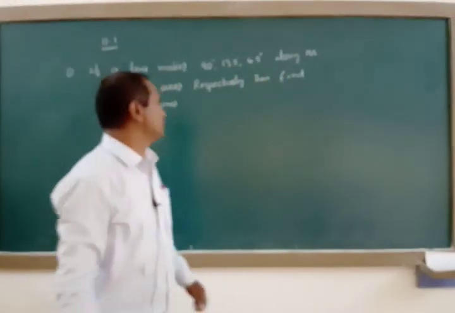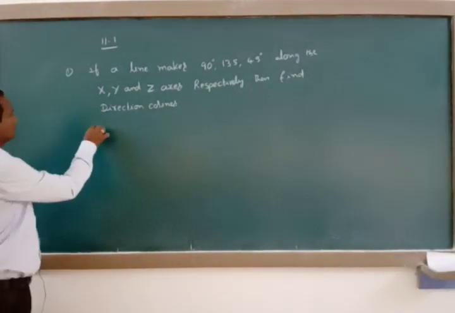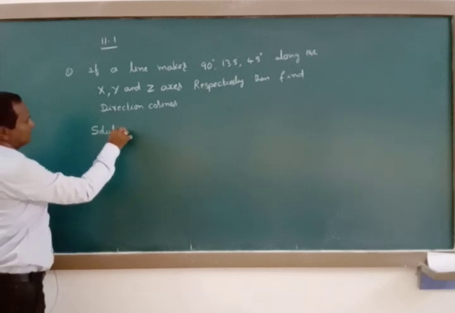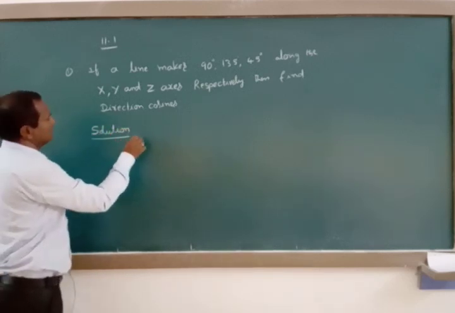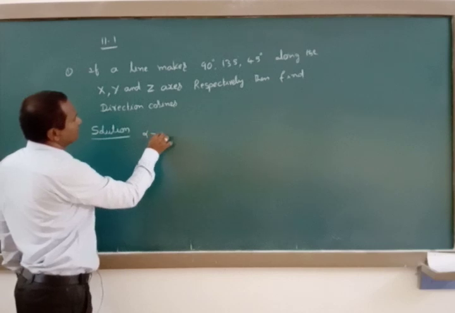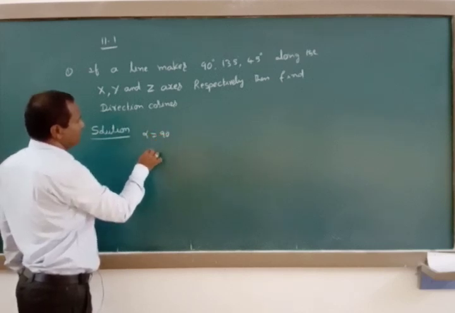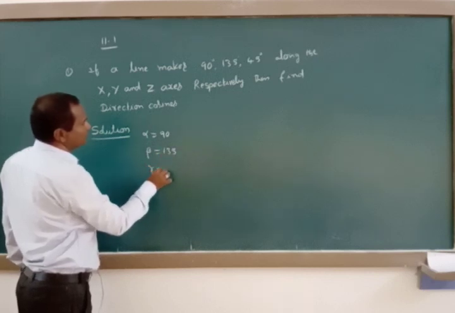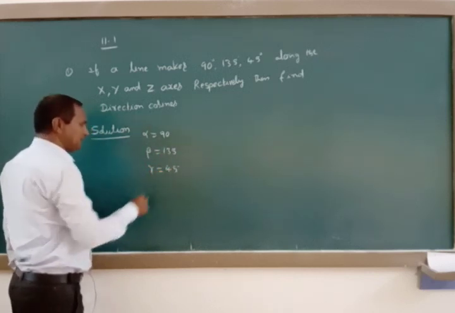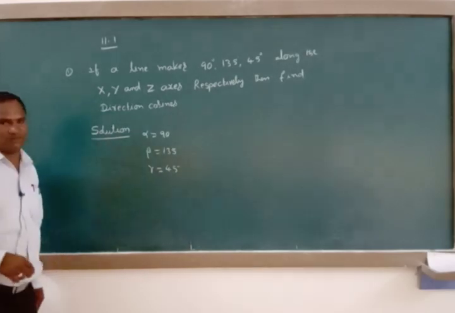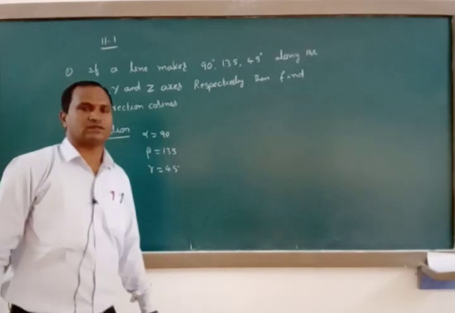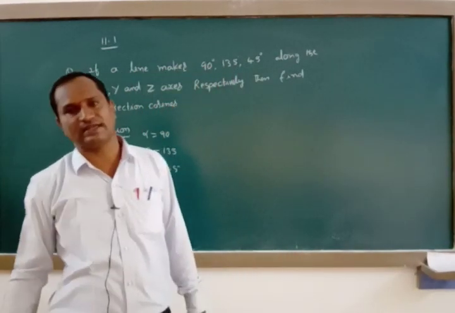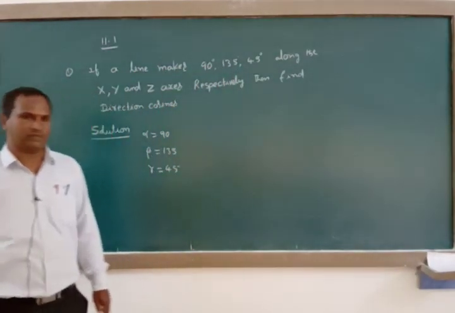How are we finding those here? Solution. Let the given 3 angles be alpha equal to 90 degrees, beta equal to 135 degrees, gamma equal to 45 degrees. Then for the direction cosines formula, I already told you, whenever angles are given we have to apply the cosine formula to get the values of direction cosines in 3-dimensional geometry.